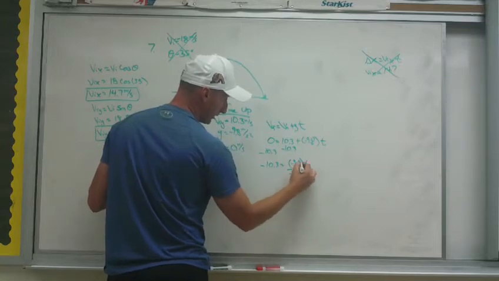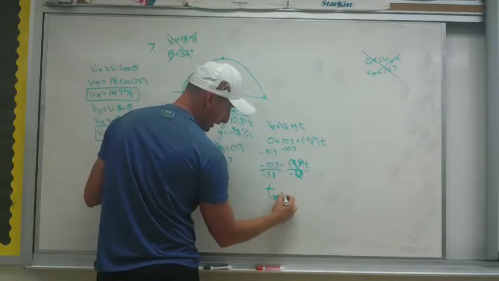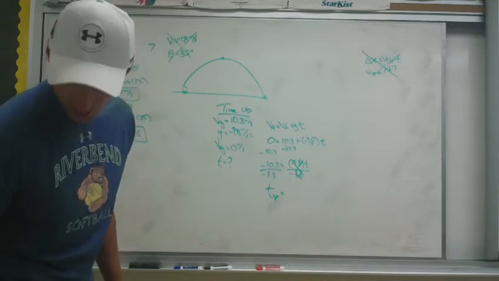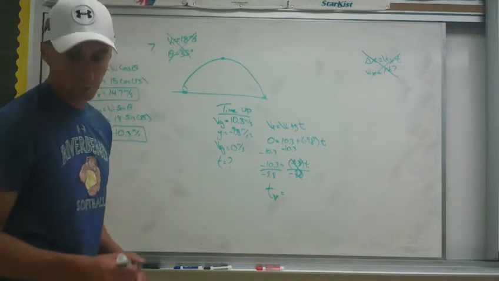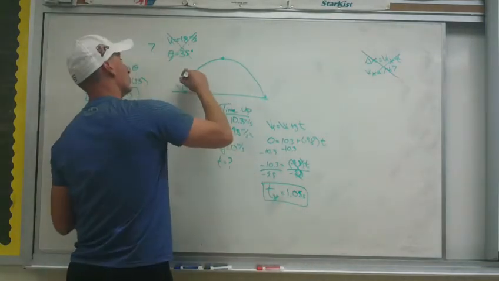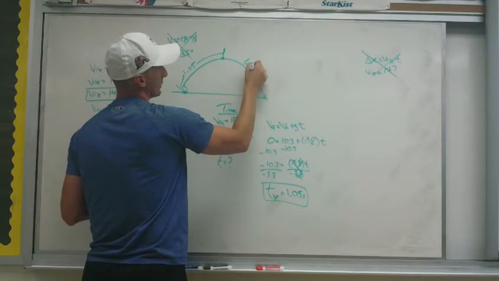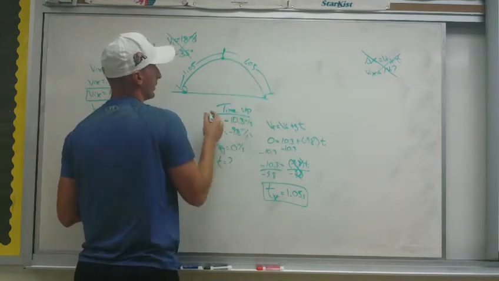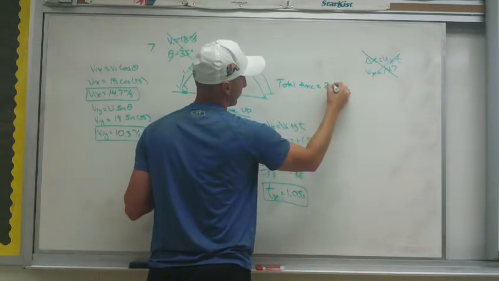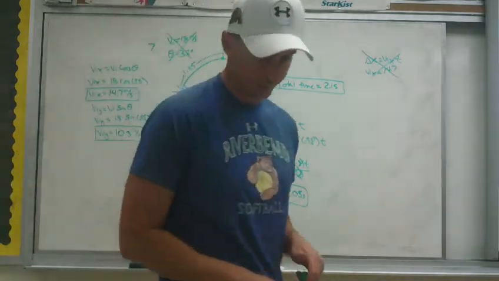Divide by negative 9.8. Time up equals 10.3 divided by 9.8. I get 1.05. So it takes 1.05 seconds to go from here to here, and 1.05 seconds to go from here to here. So the total time is equal to 2.1 seconds. Easy one.